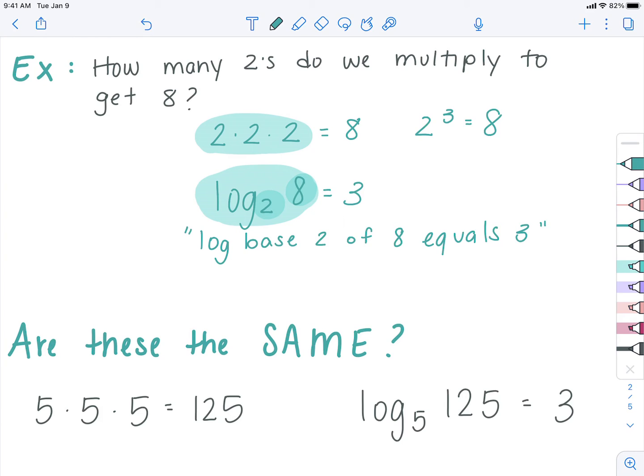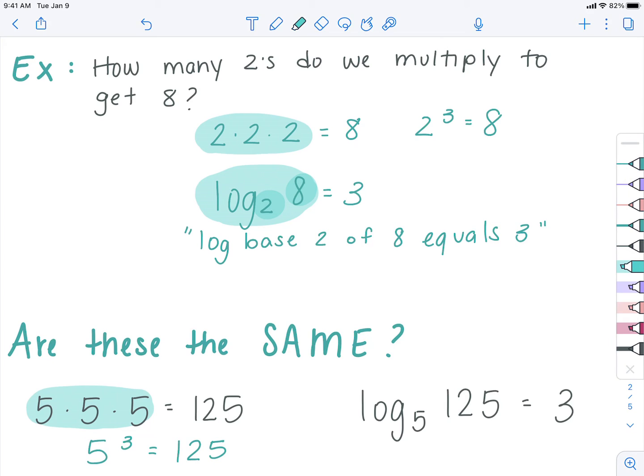5 times 5 times 5 equals 125, and log base 5 of 125 equals 3. Well, we know that 5 times 5 times 5 is really 5 cubed equals 125.